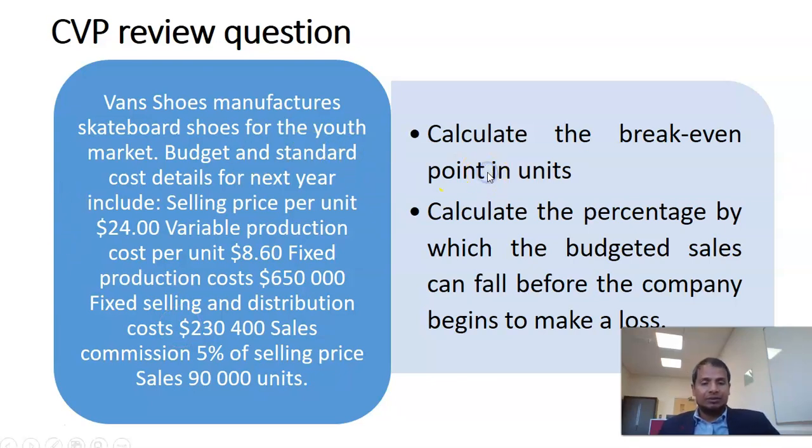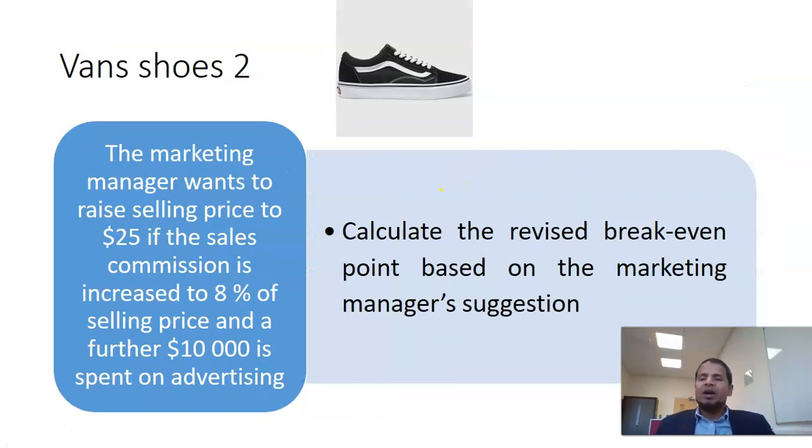And the next one: the marketing manager wants to raise selling price to 25, if the sales commission is increased to 8% of the selling price, and a further 10,000 is spent on advertising. Calculate the revised break-even point based on the marketing manager's suggestion. So considering the previous points, if this is an independent question again, the marketing manager says you can increase the sales price.